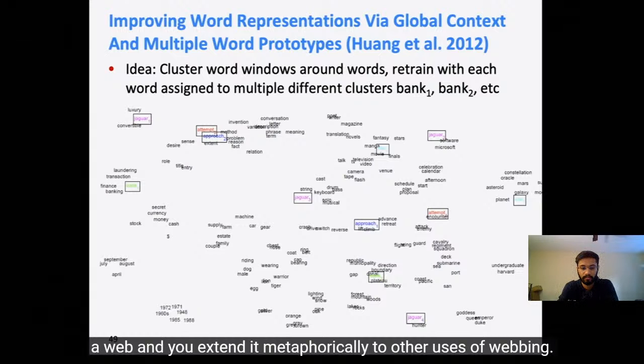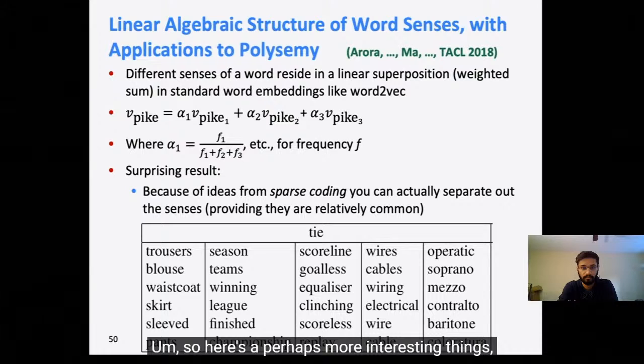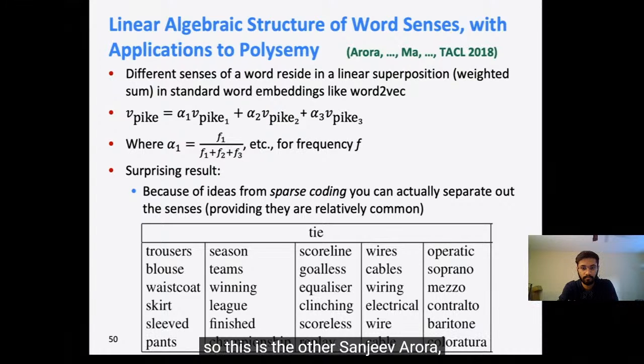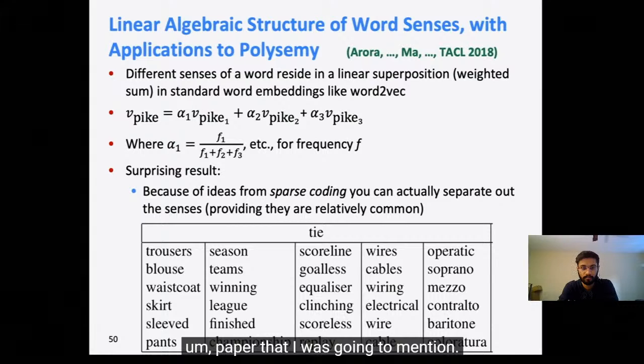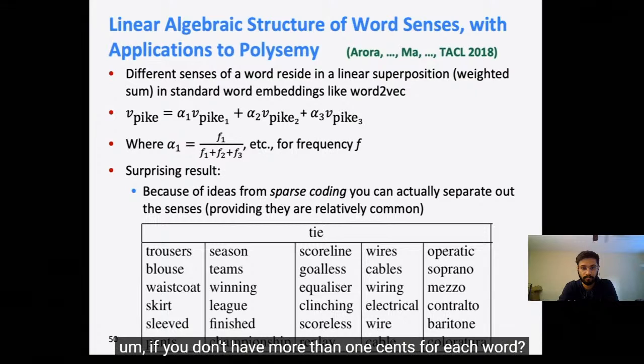So here's a perhaps more interesting thing, and this is the other Sanjeev Arora paper that I was going to mention. What happens if you don't have more than one sense for each word?